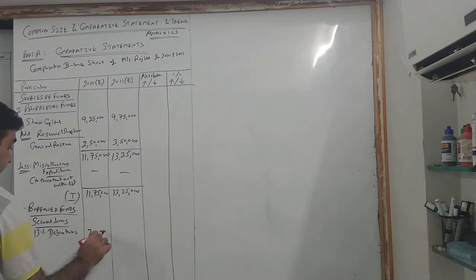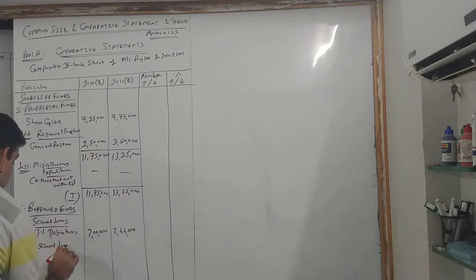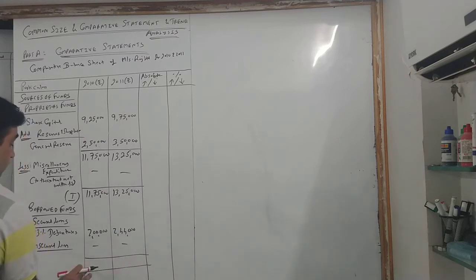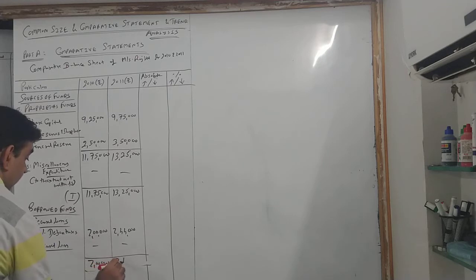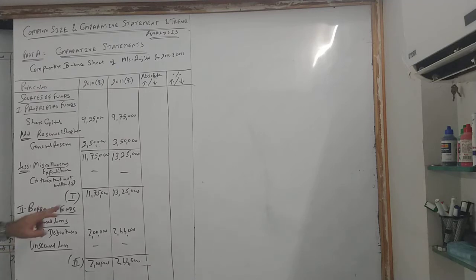So 2 lakh and 244. Unsecured loan not there. So unsecured loan, the line. So the total here 2 lakh and 244 becomes number 2. That's my borrowed funds. So this is my proprietors funds, this is my borrowed funds.